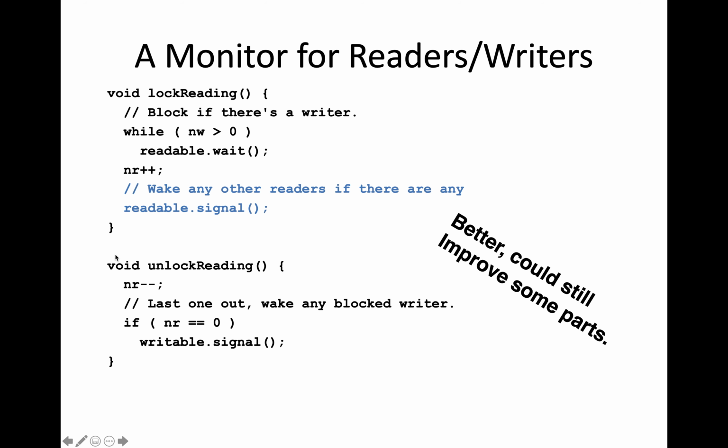We could make it so that if there was a waiting writer, eventually readers would start queuing up, so that eventually that writer, or at least a writer, got a chance to access the shared data.